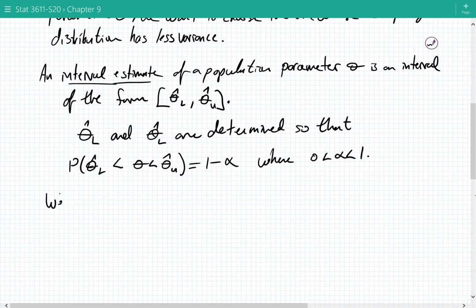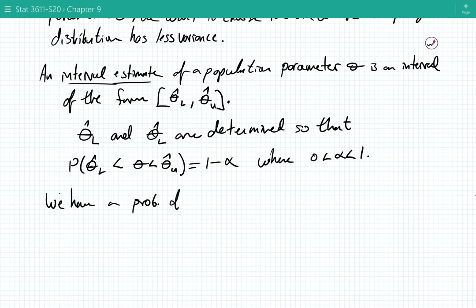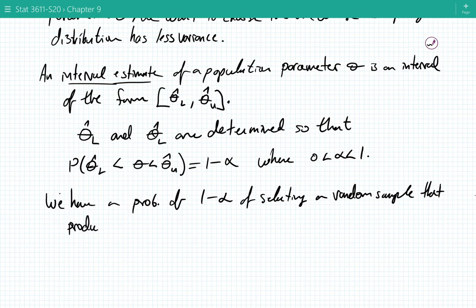We have a probability of 1 minus alpha of selecting a random sample that produces an interval containing theta, containing your point estimate theta.